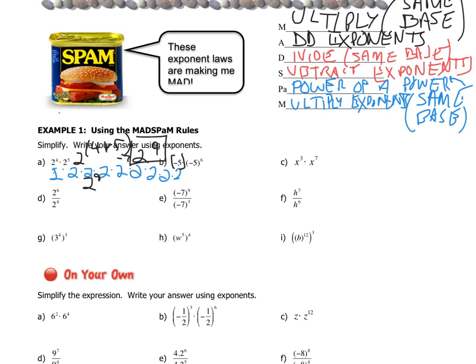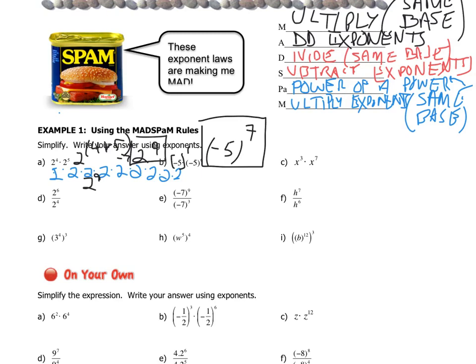Even though there's no exponent there, that really means there is a 1 sitting there. MAD SPAM says multiplying same bases, and now I have the same bases by putting parentheses around negative 5. All I have to do is add the exponents, which means I keep the base as negative 5, and I say 1 plus 6, so it's negative 5 to the 7th.